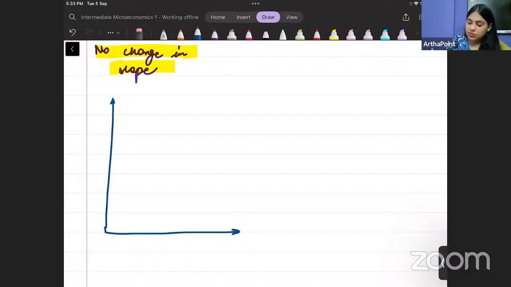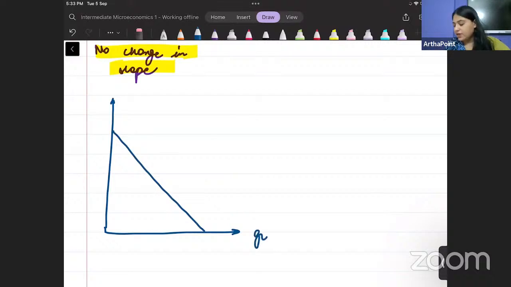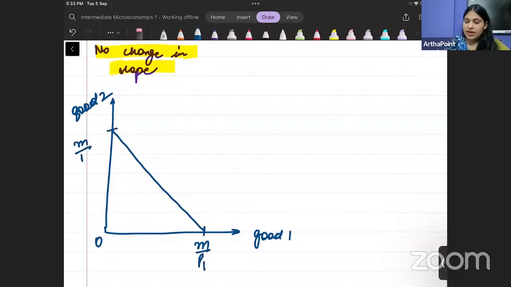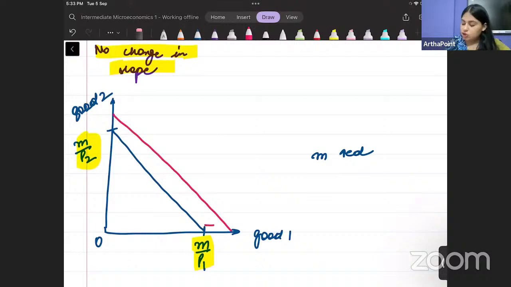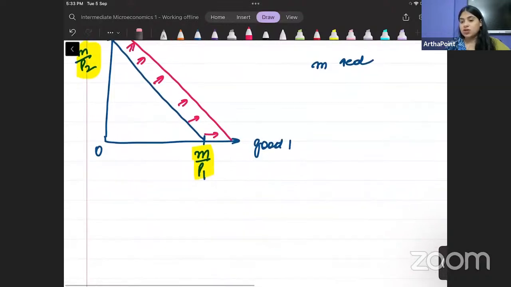I have taken good 1 here and good 2 here, and on the x-axis I had m by P1, and on the y-axis I had m by P2. Now imagine, when income increases, this intercept will increase and this intercept will also increase. So your budget line will shift outwards. Parallel shift hoga. There is no change in the slope of the budget line.